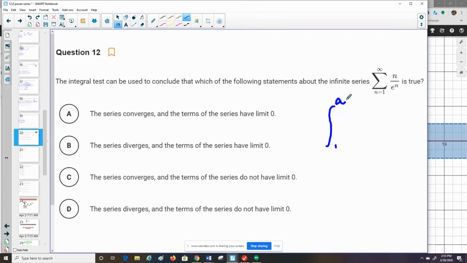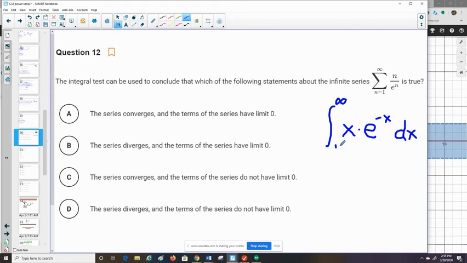I'll set it up here for you, the corresponding integral. Instead of calling it x divided by e to the x, I'm going to call this x times e to the negative x, and that might help you if you want to go ahead and try integration by parts.